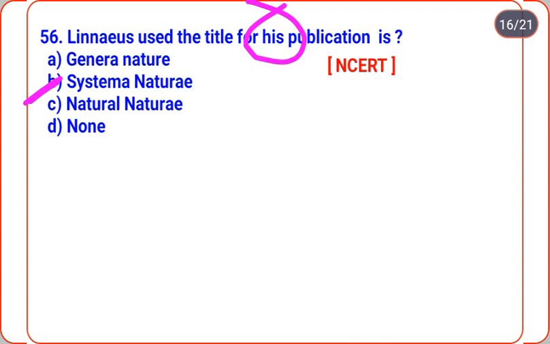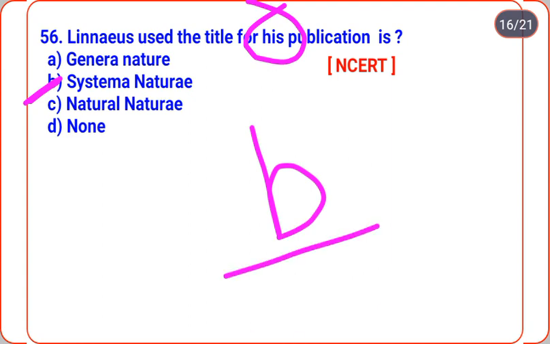So here the correct option is B. Systema Nature is the title of Linnaeus's publication. Okay, next very important question.